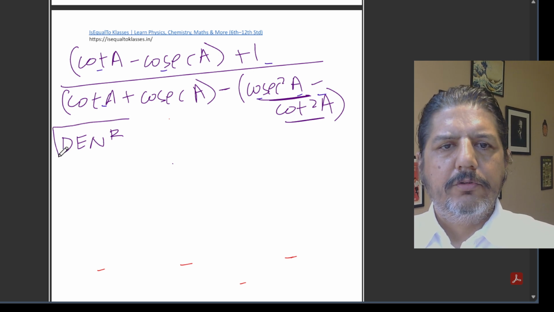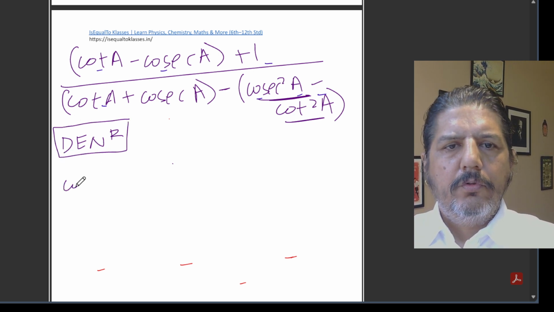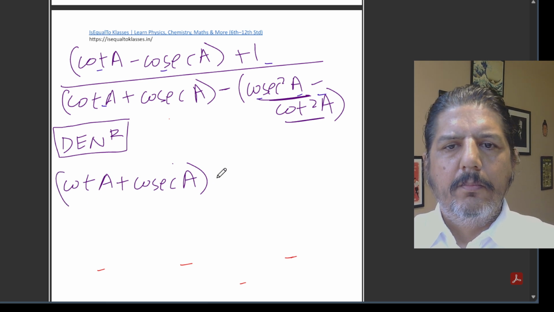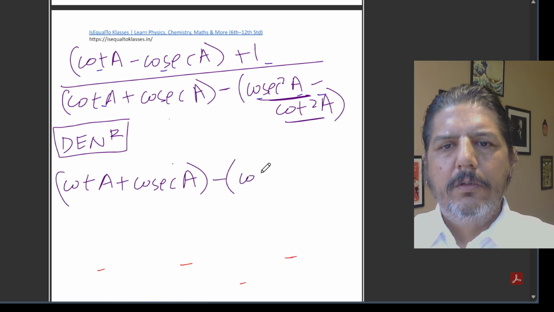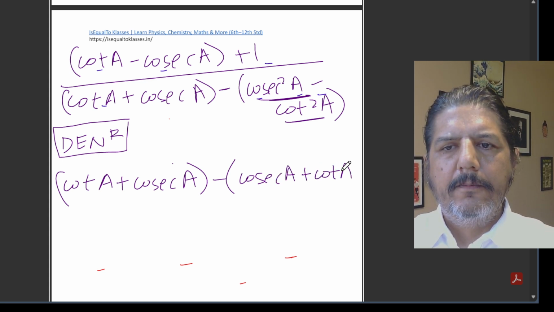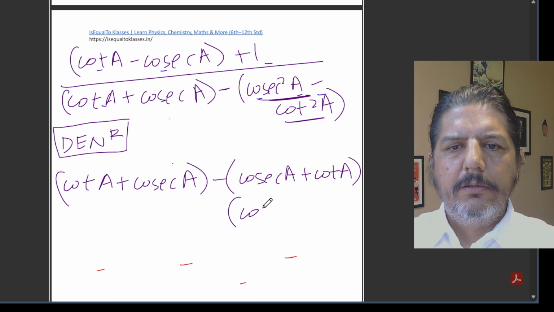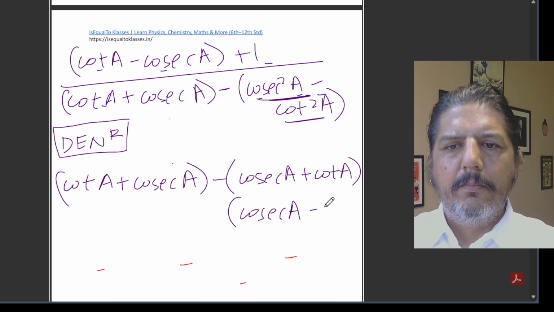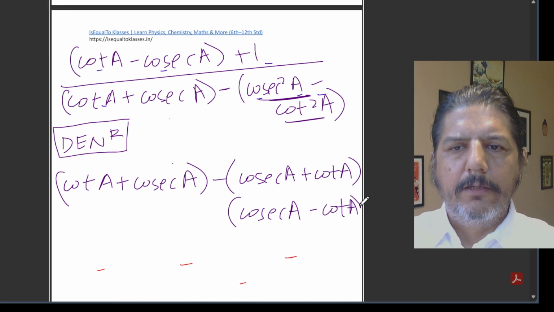I'll just focus on the denominator: cot A plus cosec A minus (cosec A plus cot A) multiplied by (cosec A minus cot A).